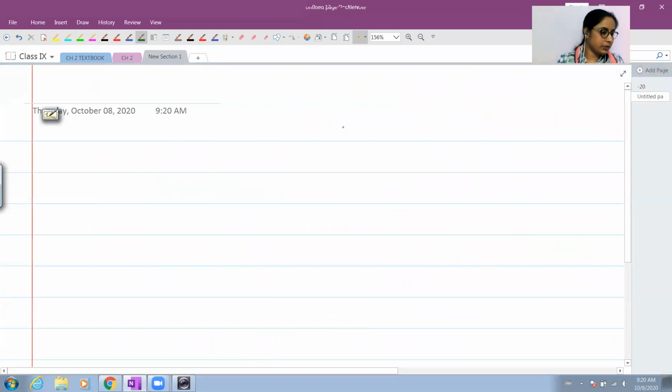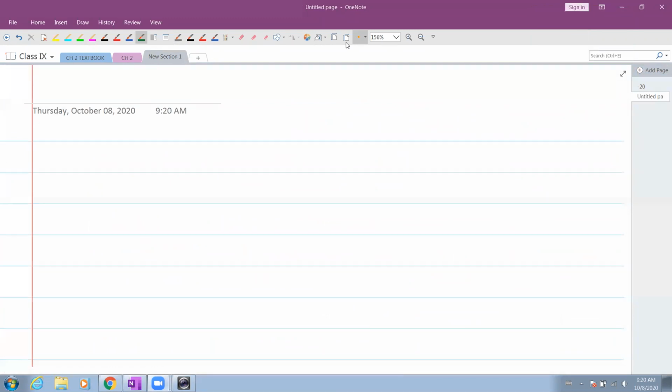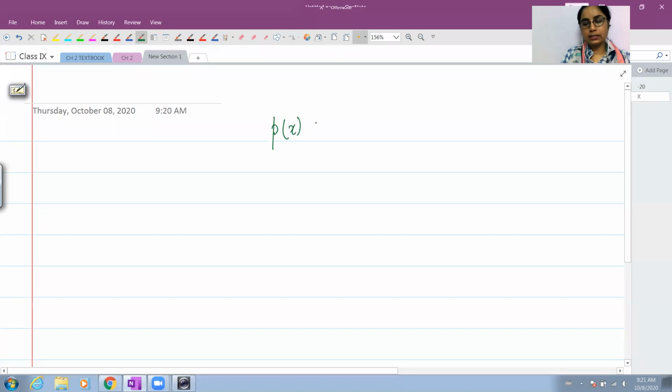Let's just take another example here. So let's say we have px equals to x square plus 5x plus 6. Let's change the sign here.